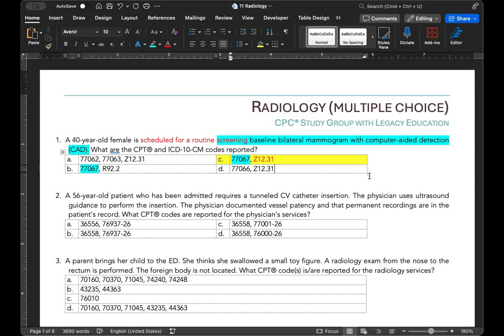But if you don't have a specific guideline telling you what your sequencing should be, in the absence of a guideline indicating sequencing, then the reason for the encounter should be your first listed code. So in this case, it would be the routine screening. The Z12.31 is our first listed.